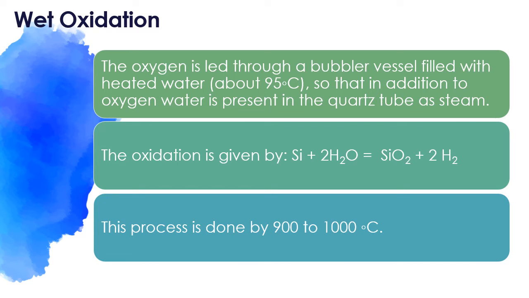The reaction becomes Si + 2H2O, meaning it is no longer purely oxygen. It becomes steam, so that it becomes SiO2 + 2H2. This process is usually performed at around 900 to 1000 degrees Celsius.